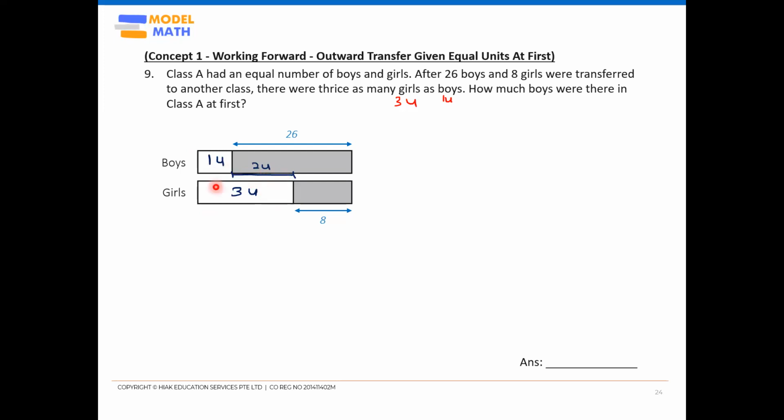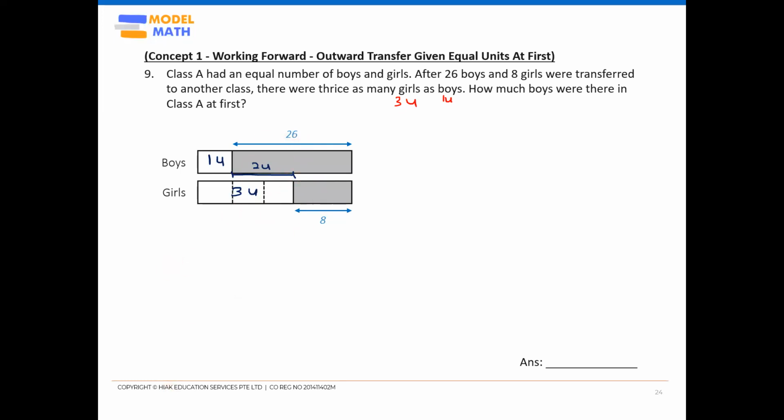Now, I hope you can observe that we are able to work out the value of these 2 units using the 26 and 8. I hope you can tell that 2 units plus the 8 equals 26. So 2U with the 8 is constituting the 26. So if I want to find 2 units, I have to use 2 units equals 26 minus 8.